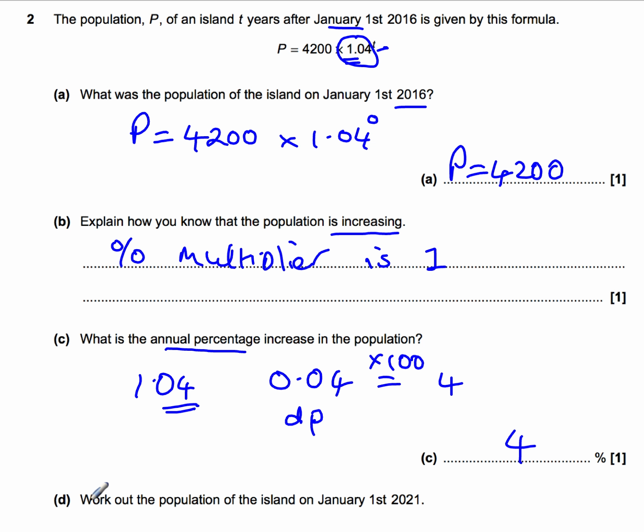The second part of the question is asking us to work out the population in 2021. So all we're doing is plugging into this formula. It's 4,200 multiplied by 1.04 to the power of 5. Now 5 comes from how much time has passed from 2016 to 2021, and that's 5 years.